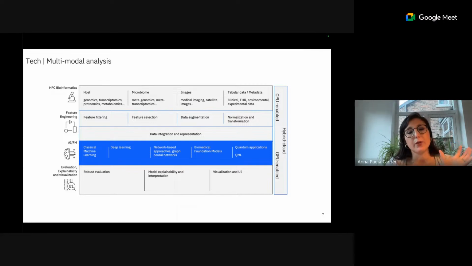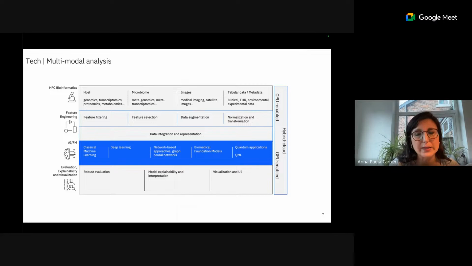So obviously, there are a few steps of data engineering, feature engineering, integration, and then development of different types of technology. So for example, classical machine learning, deep learning, bioinformatics approaches, graph neural networks, network-based approaches, but the emphasis at the moment, and what the healthcare life science community is looking at, is really the development of biomedical foundation models.